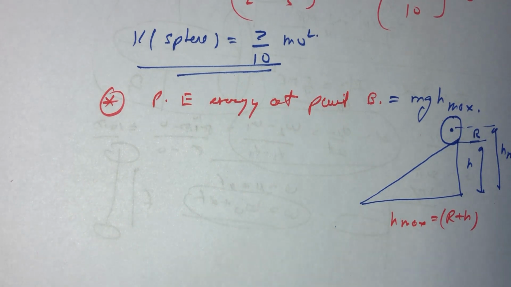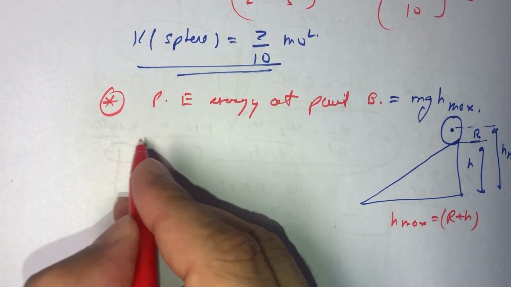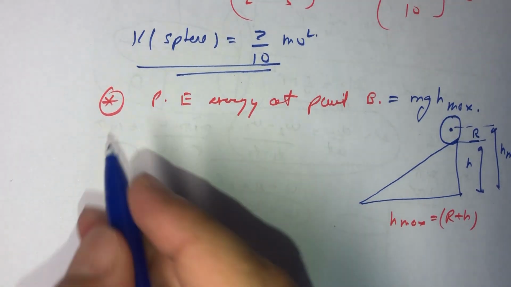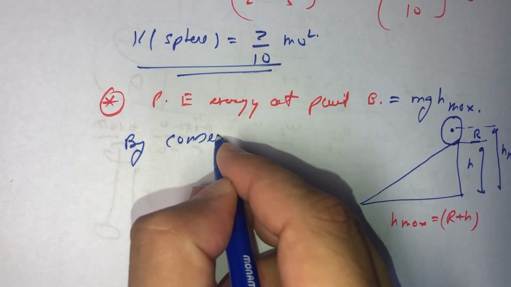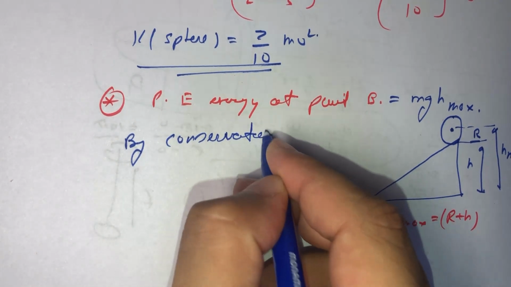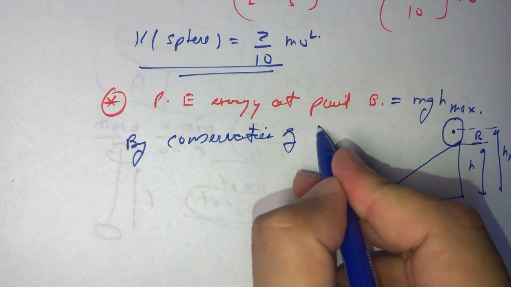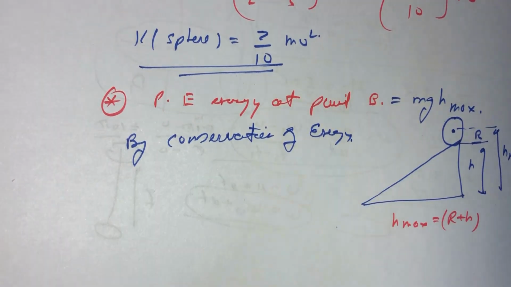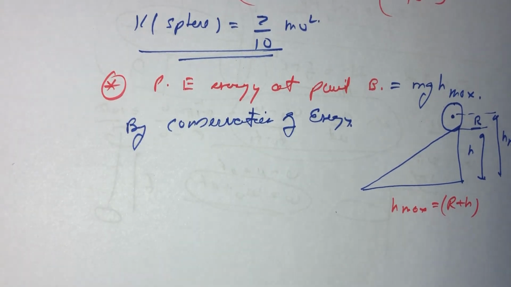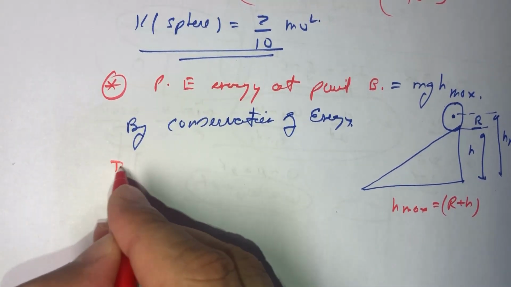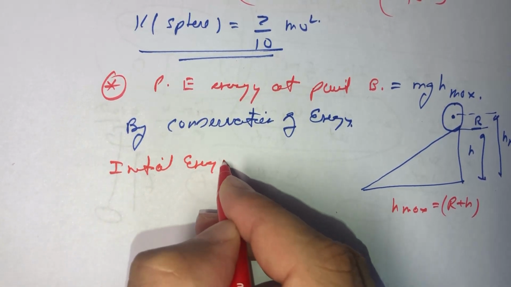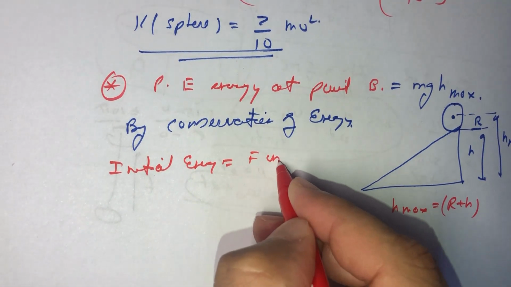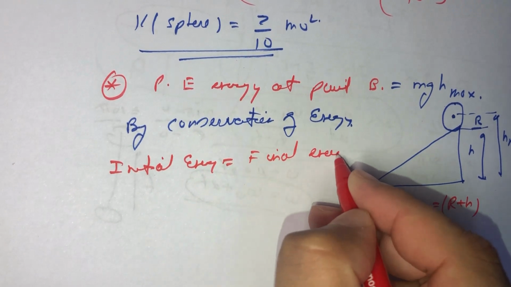Now we are going to use conservation of energy. So by conservation of energy, initial energy is equal to final energy.